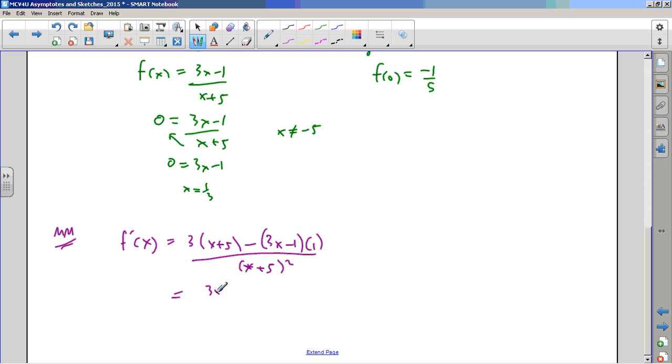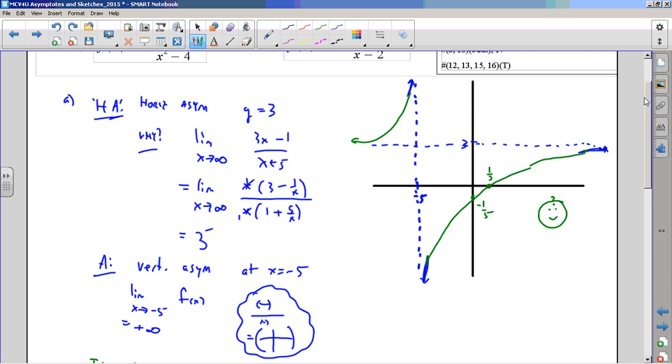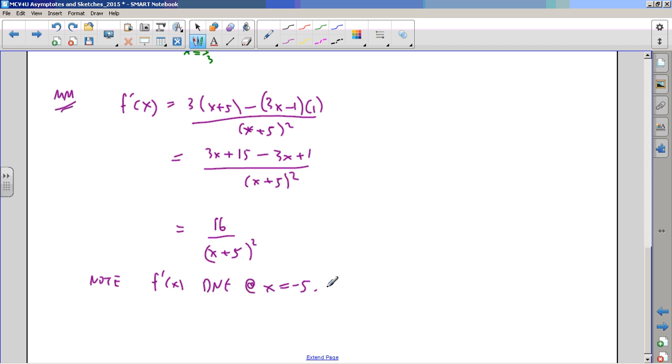I have 3x plus 15 minus 3x plus 1, all over (x plus 5) squared. The 3x's cancel out, and I'm left with 16 over (x plus 5) squared. So note, f prime does not exist at x equals minus 5. Not a critical point though, right? Because the original function wasn't defined there. So x equals minus 5 is not a critical point.